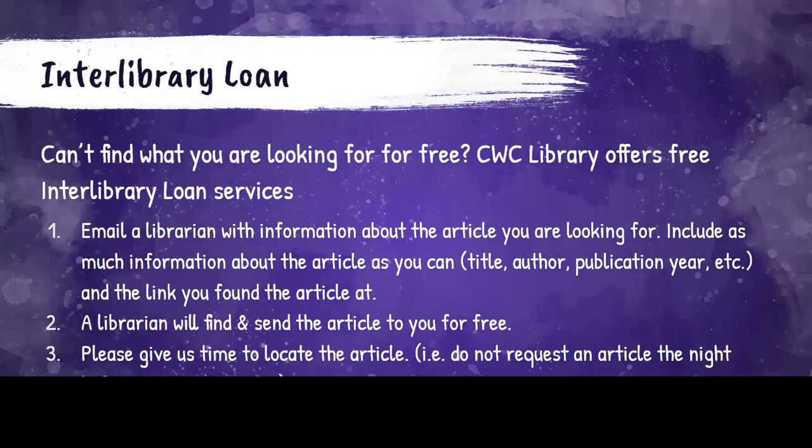You can take all the information about the article, either copy and paste the citation or give us the title, author, publication year, etc., and the link that you found that article at, and email it to a librarian. All of our contact information is in the introduction video, and if you contact us with all of that information, we will find and send the article to you for free.